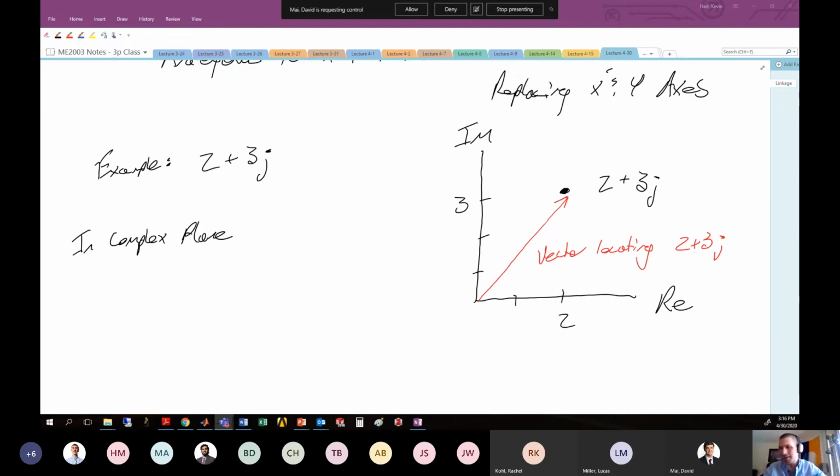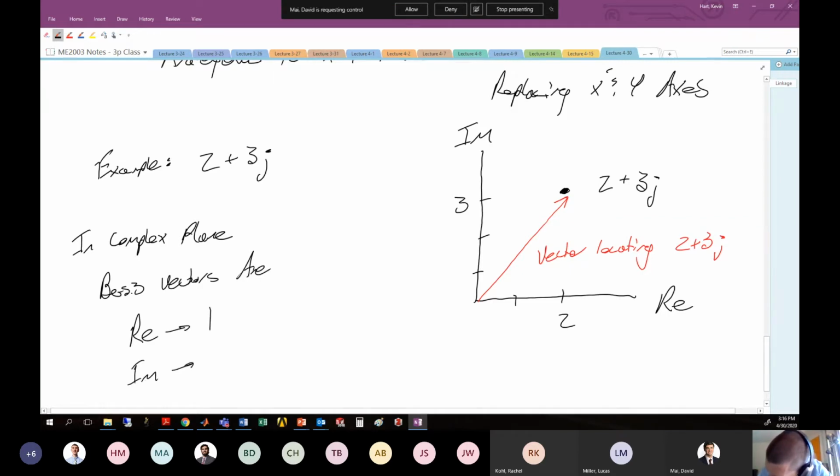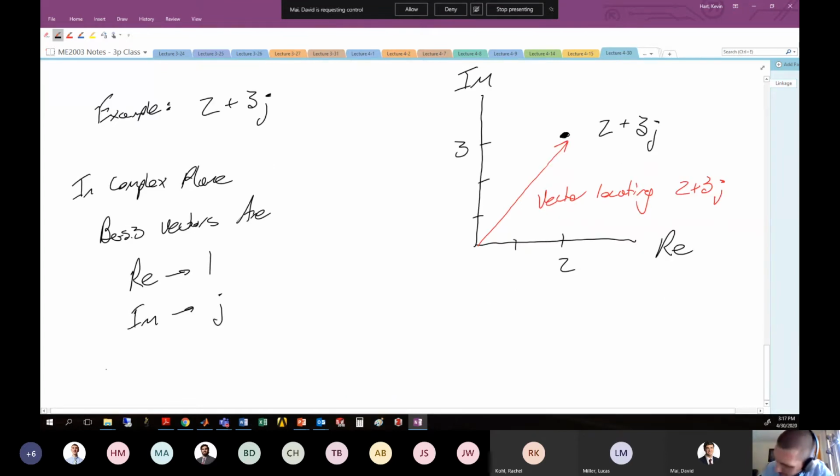All right. So in the complex plane, your basis vectors, which are the spaces that represent where you can possibly live, would be something like, in the real space, the basis is 1, and in the imaginary space, the basis is j. So what do I mean by that? All right. It will help to think about the Cartesian equivalent.